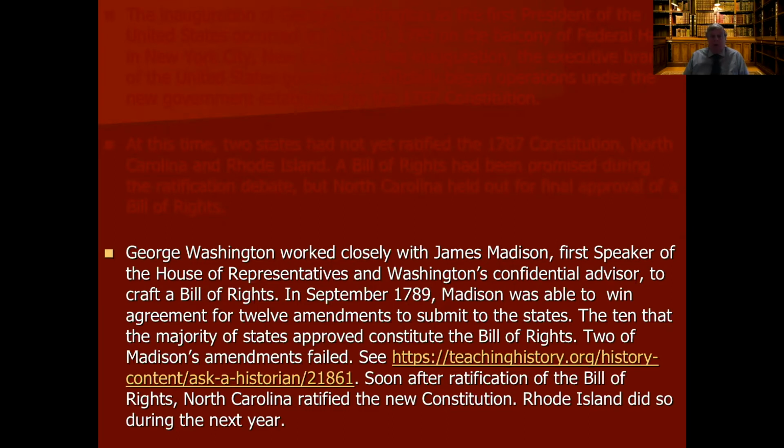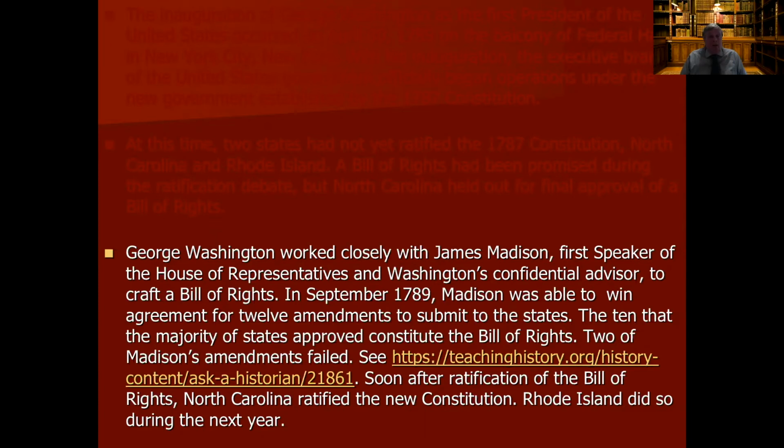In September of 1789, Madison was able to win agreement for 12 amendments to submit to the states. When I say win agreement, I mean both the House and the Senate voted in favor of the 12 amendments.